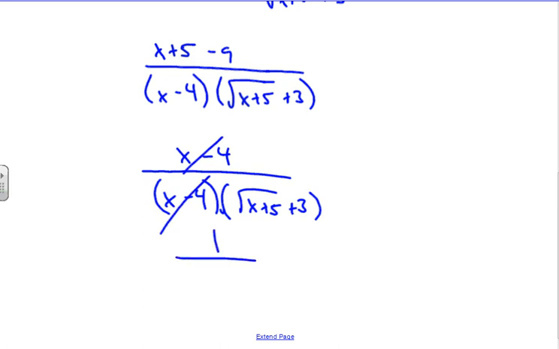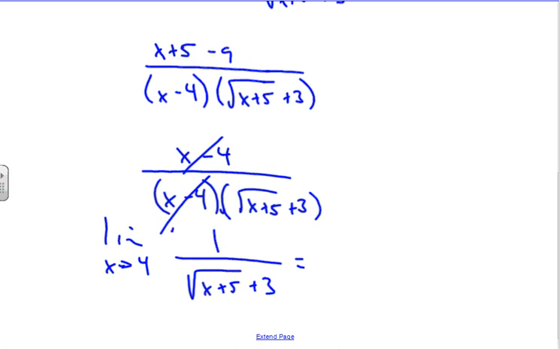What we're left with is an equivalent expression, and we eliminated the hole at x equals 4. How do we know that? Since we canceled this out, the 0 over 0 is gone. So we eliminated the hole, and now we created a function that is continuous at 4.